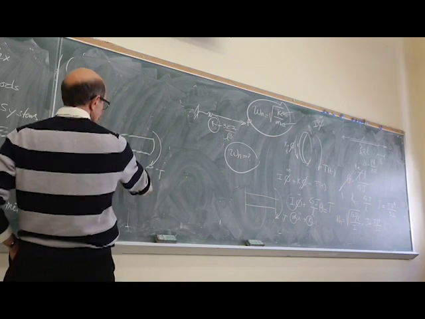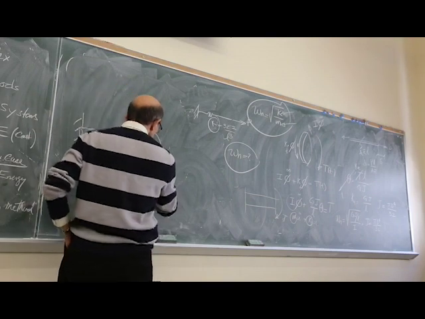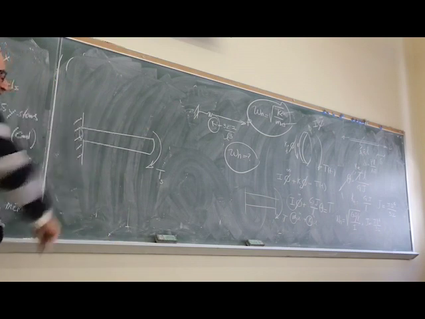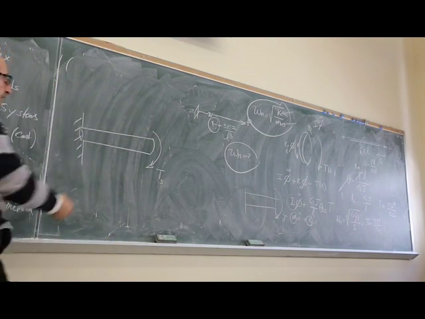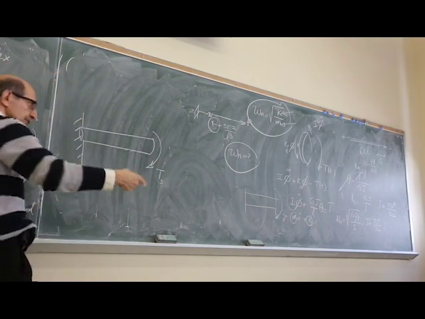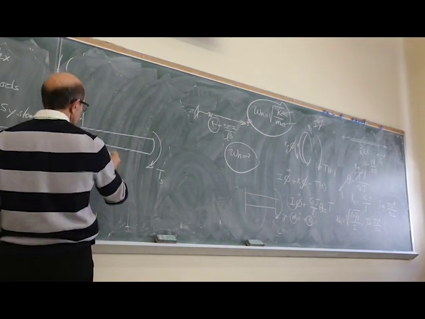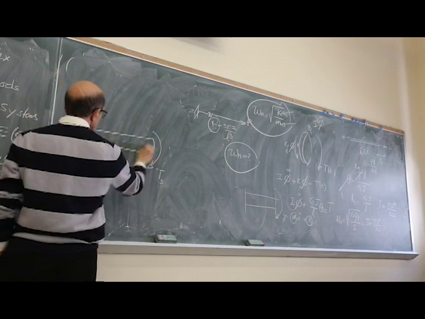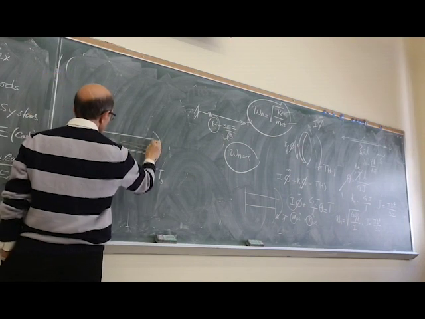That may have been confusing. This is a static load, so maybe I call it T sub S, different from that, which is a time-dependent torque. Okay, and from the strength of materials, you know the deformation that this goes through.